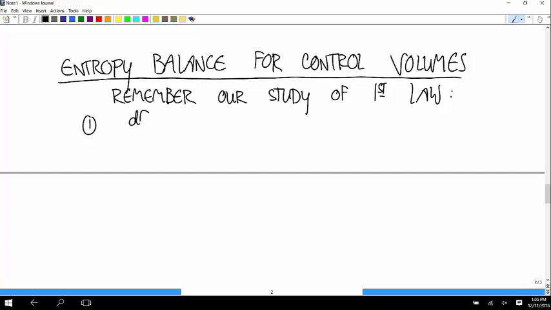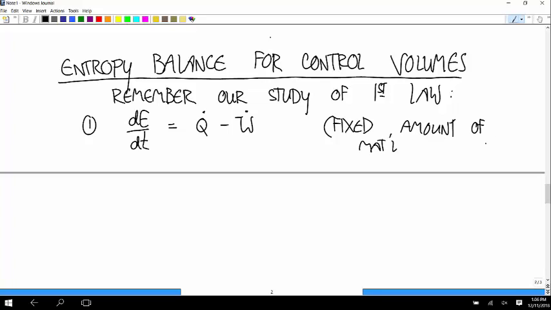It says that the time derivative of the energy is equal to Q dot minus W dot. So this is for a fixed amount of material. Well, that's called a closed system.